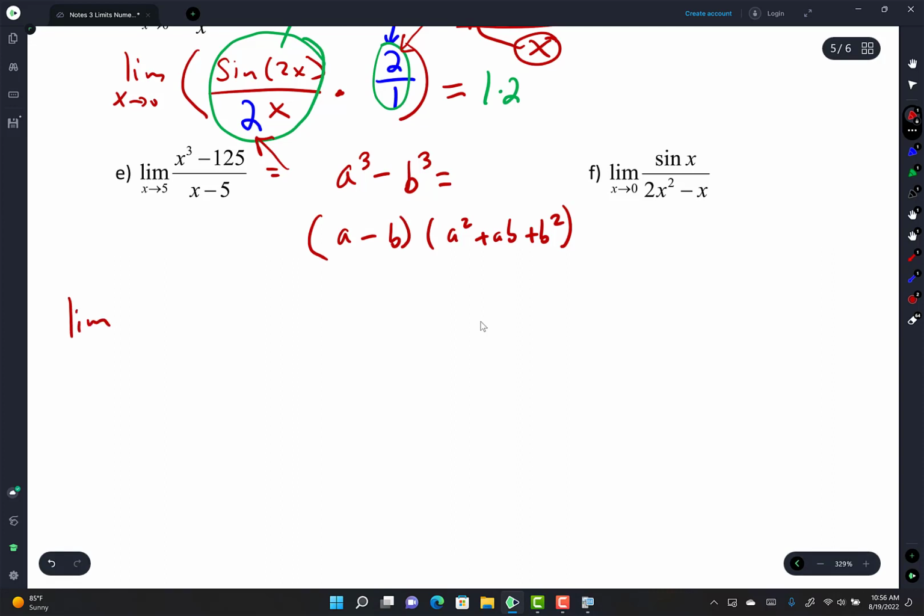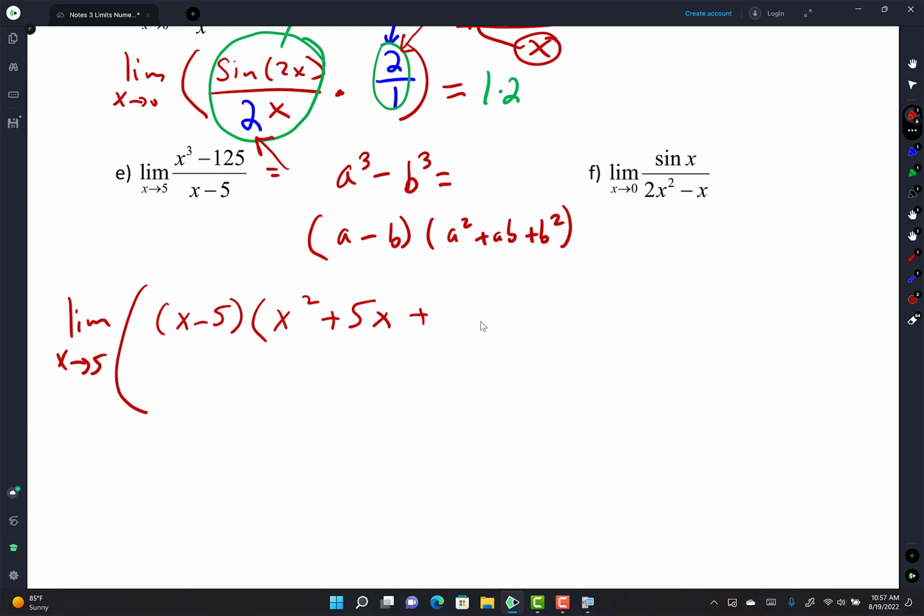Limit as x approaches 5. Giant parenthesis, because I'm going to have several terms here with a minus in the middle. I'm going to write x minus 5, close, open, x squared plus, let's see, it says ab, so I'm going to write 5x plus, and it says b squared. My b is 5, so I'm going to write 25, or you can write 5 squared if you want.